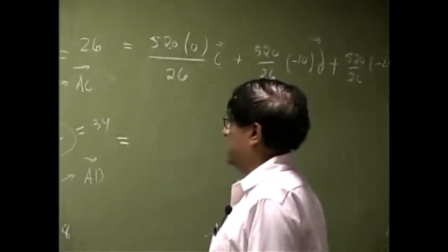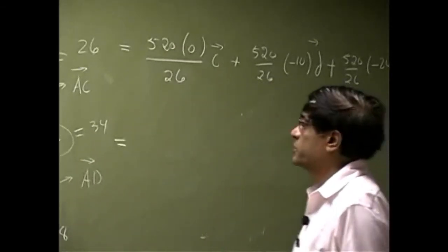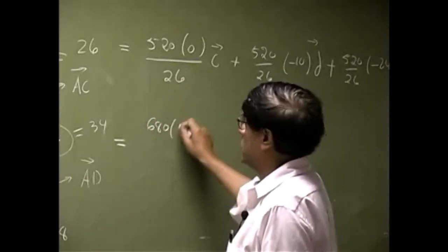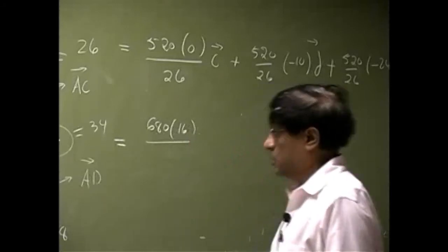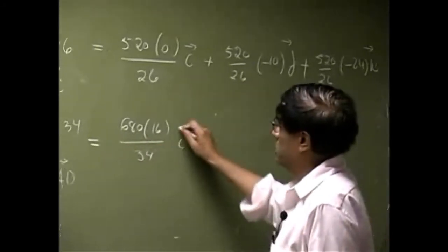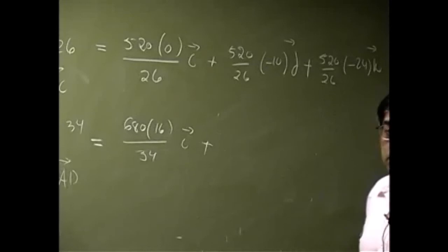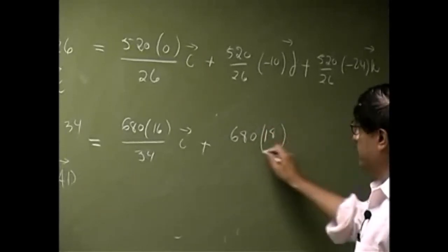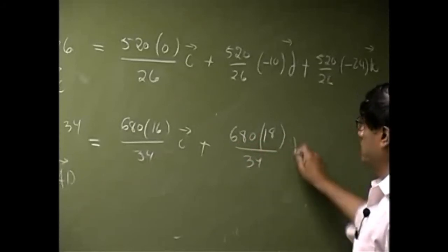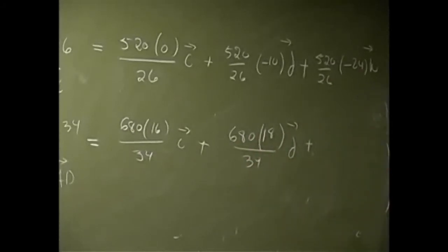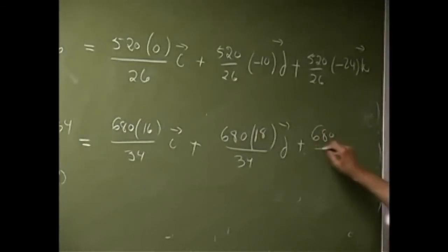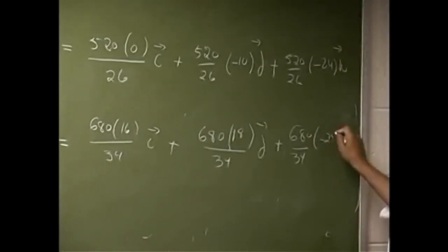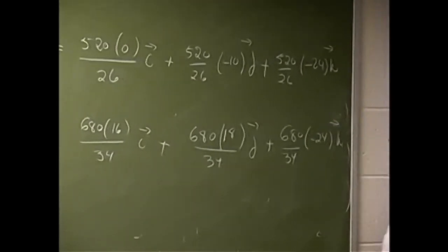Then the second force will be the magnitude 680, the coefficient is 16 divided by 34 times i. Then you go 680 times 18 over 34 times j. Then you have another 680 divided by 34 times negative 24 times k.